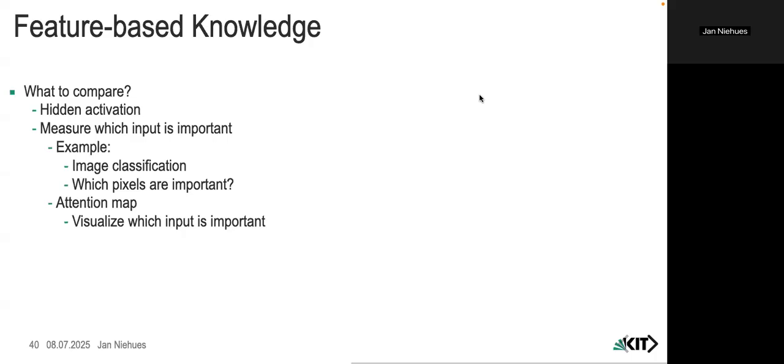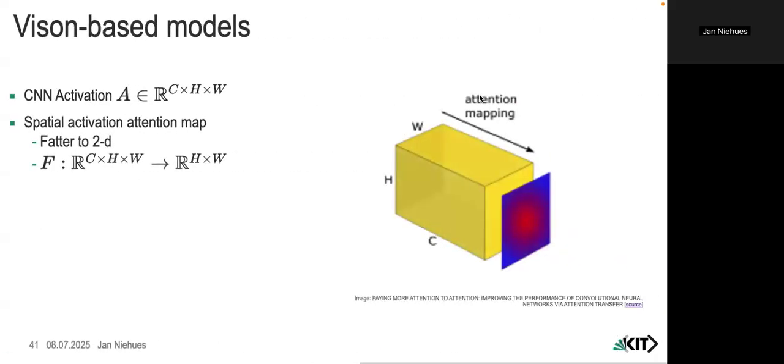let's start with the vision-based model. This is one way of doing this for a vision-based model which uses CNN networks. If you remember CNN networks, they are put over the image.